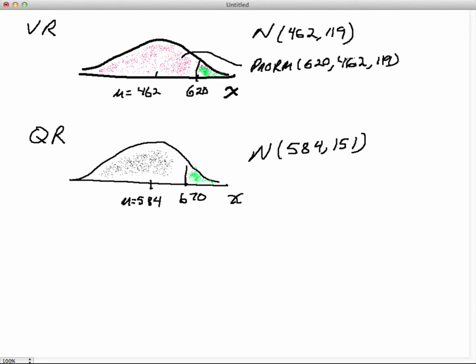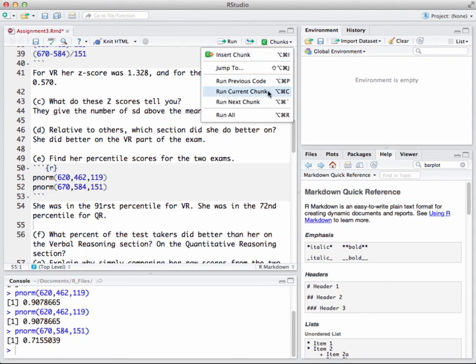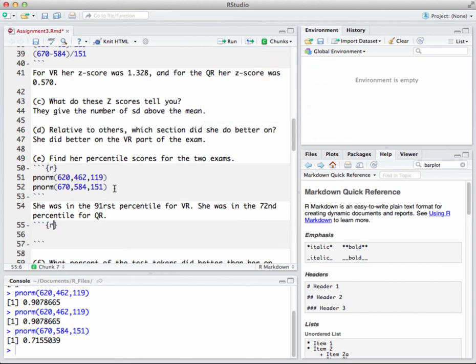Okay, so if we come back here to RStudio, it's probably not a horrible thing to enter in a chunk here, just so we've got the numbers. Insert chunk. And I'm going to kind of cheat a little bit. Not cheating, it's just working smart here. I'm going to copy the previous pnorms we did, and I'm going to make them 1 minuses.